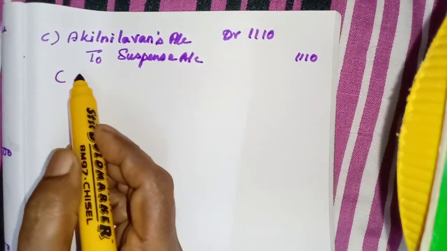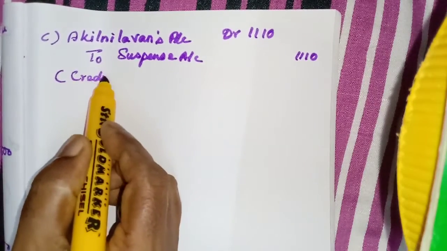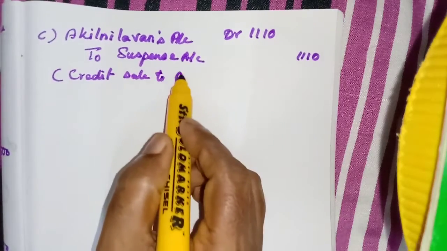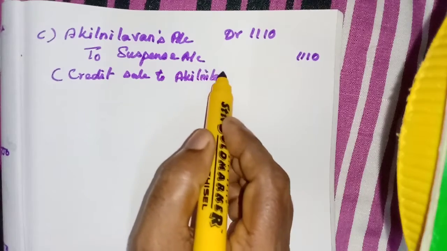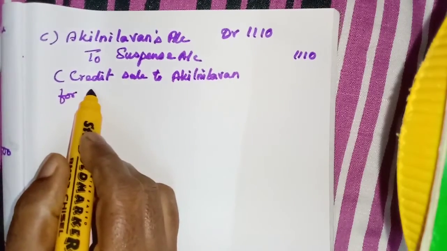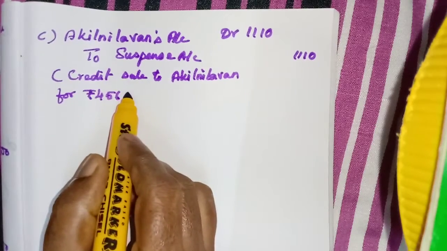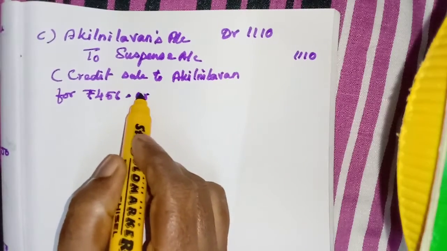Okay, you do write the narration: credit sale of goods to Akhil Nilavan. Here the amount is also a problem. We have to write: for rupees 456, wrongly credited to his account as rupees 654, now rectified.